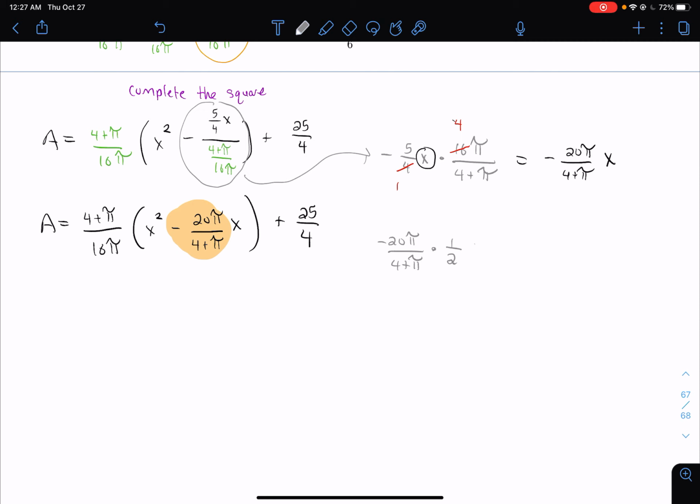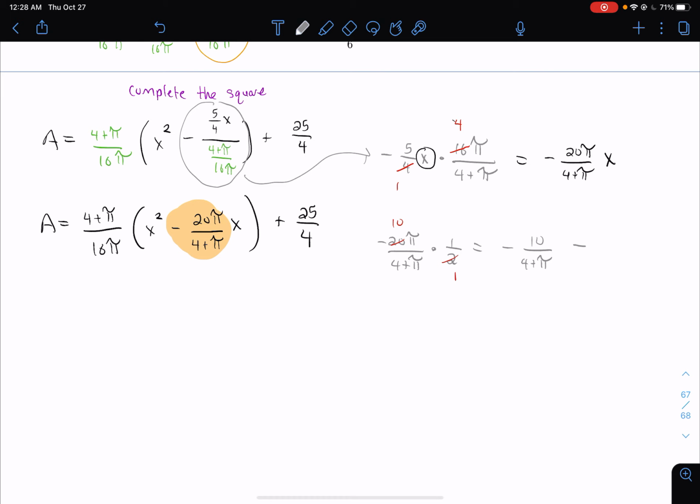All right, so doing this, I can cancel a little bit. I can divide both the 2 and the 20 by 2. That'll leave me with 10 up here and a 1 down there. So negative 10 times 1, I get negative 10 on the top. And on the bottom, I just get 4 plus pi. Okay, that's the first thing I got to do. I got to divide it by 2.